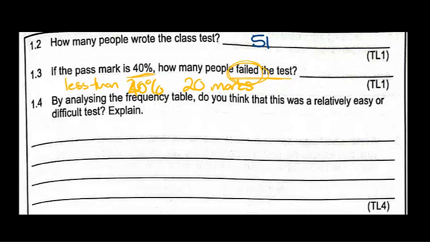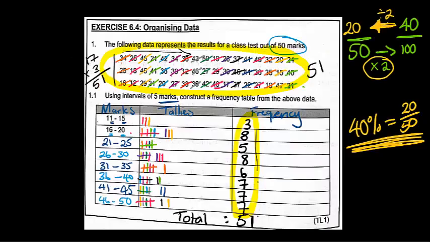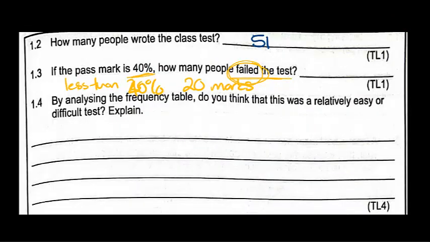So let's go to our frequency table. On our frequency table, we can see we've got that is less than 20 and that is less than 20, which means we've got 3 and 8. Add them together. 3 plus 8 gives us 11. So in total, 11 kids failed the test. If the pass mark is 40%, how many failed? The answer is 11.